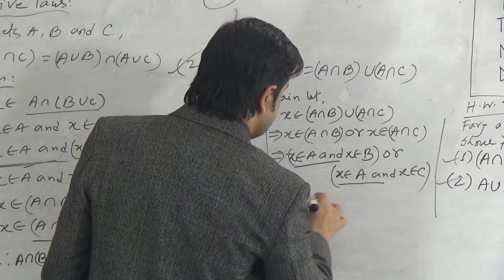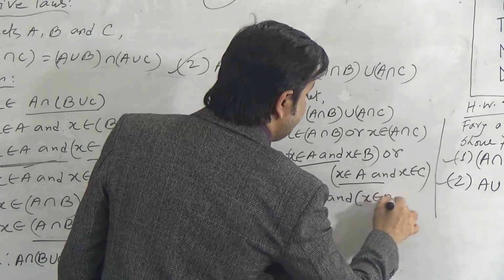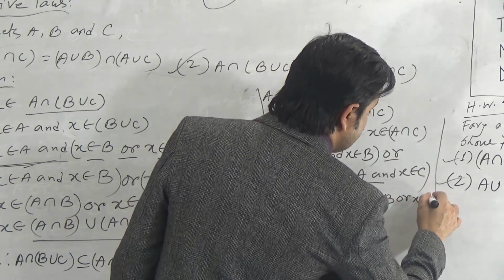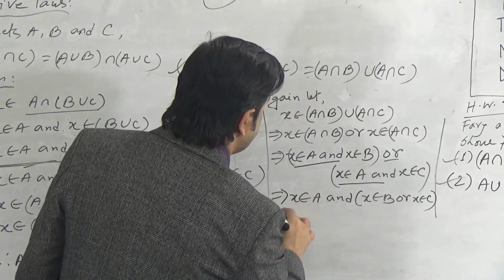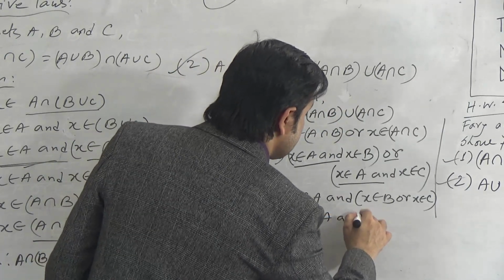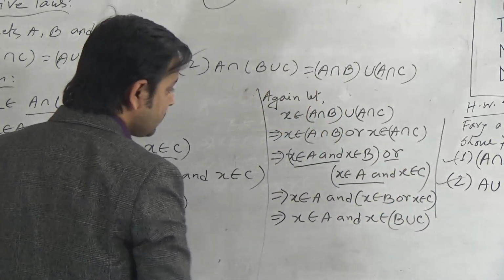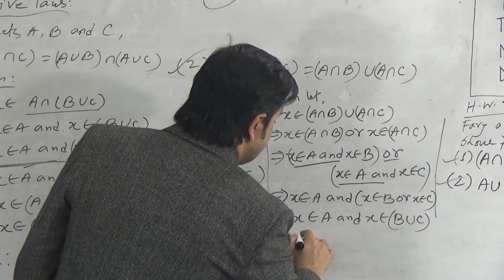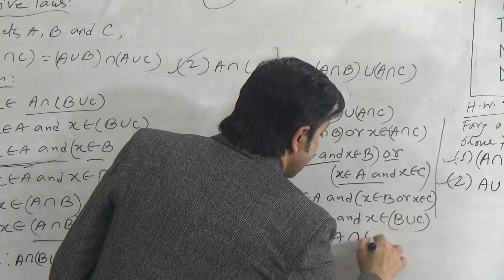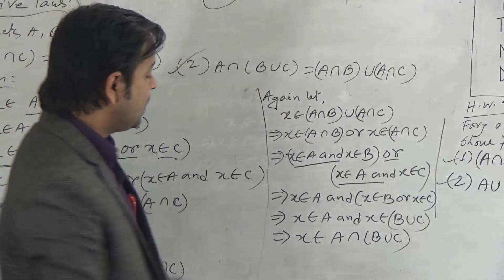So we can take x is contained in A and x is contained in B, or we have to write x is contained in C. So we can write here now x is contained in A and x is contained in B union C. So we can write x is contained in A intersection (B union C). Okay, dear students, I hope you have understood it.